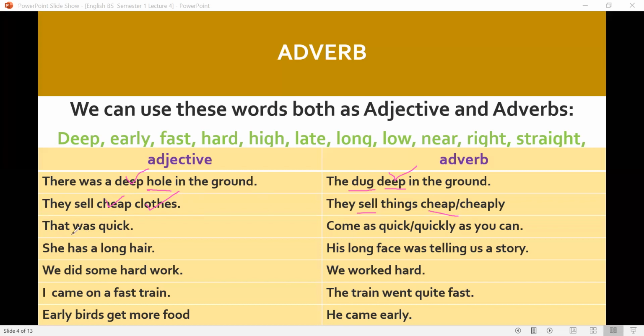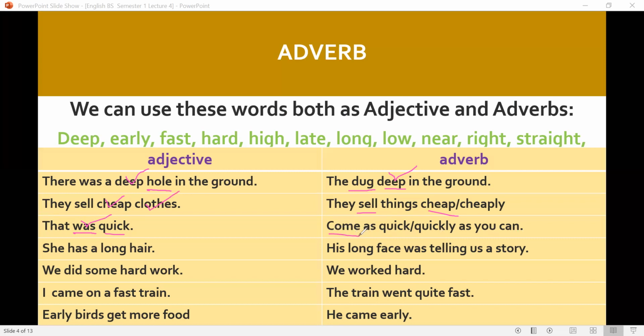That was quick. An adjective has two places: before the noun and after the linking verb. Here it came as an explanation of some incident, was as a linking verb. So quick came after that. Quick is an adjective. Come as quick as you can.